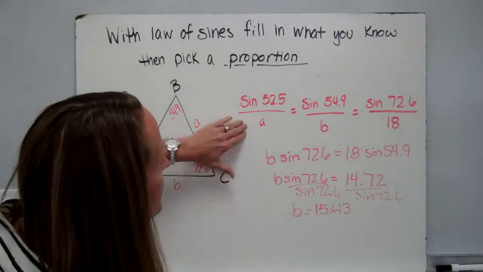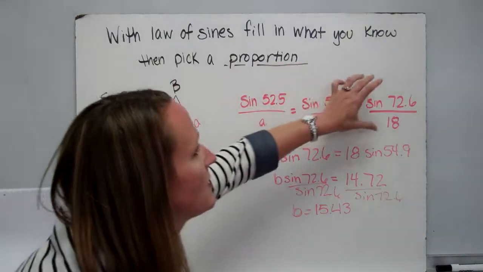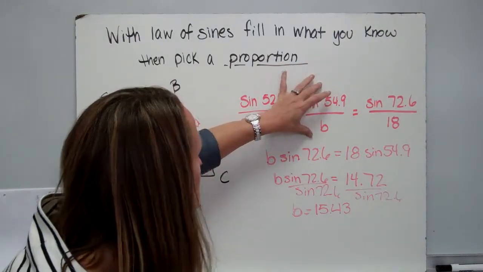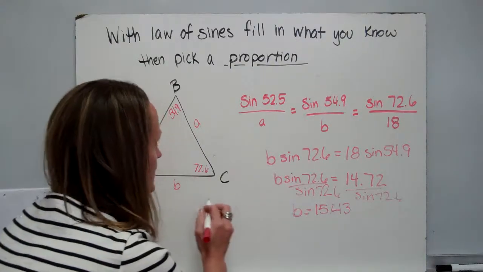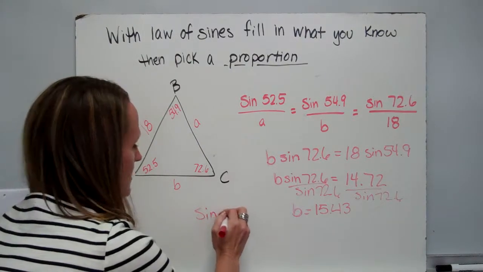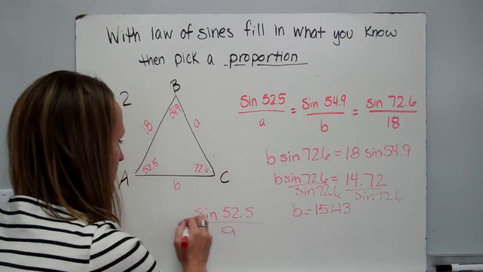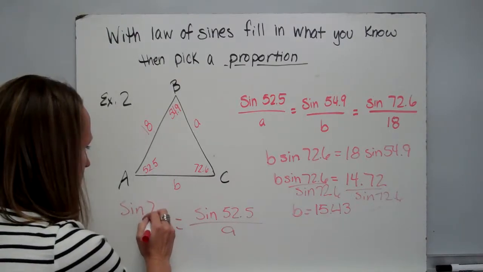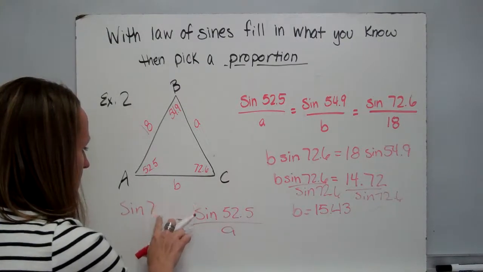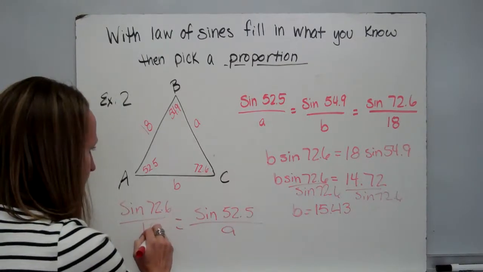So now we have to find A. We can either take this ratio from A and compare it with this one, or we can do it with this one. I'm going to go ahead and do it with this one. So I'm going to say that I have the sine of 52.5 over A, and I'm going to write it over here so I have more space, over 18.